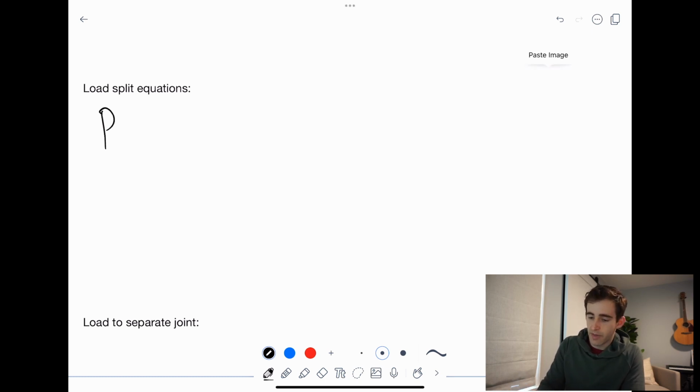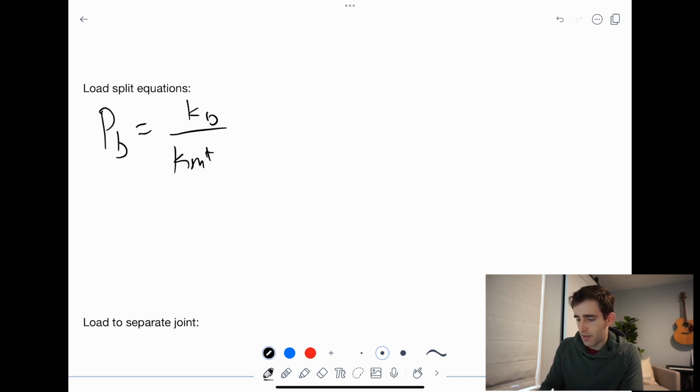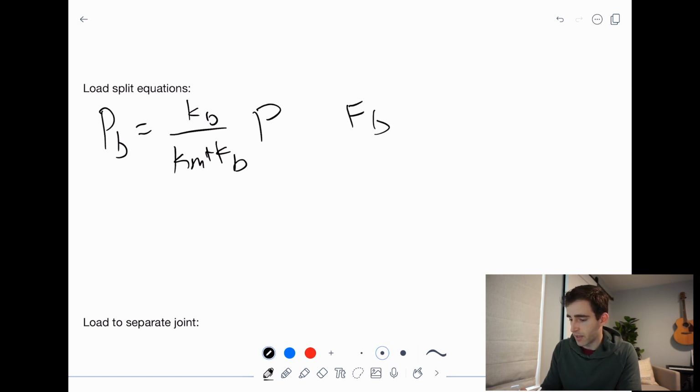Well, we can do that by using the spring constants of the joint. So we know that load carried by the bolt is going to be Kb over Km plus Kb times P, where the force in the bolt is going to be the preload plus the applied load in the bolt.